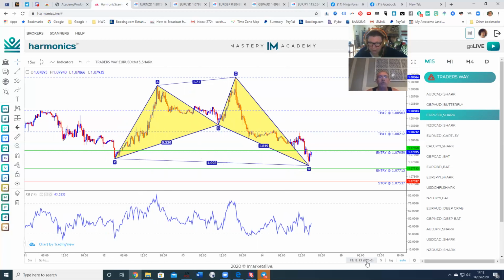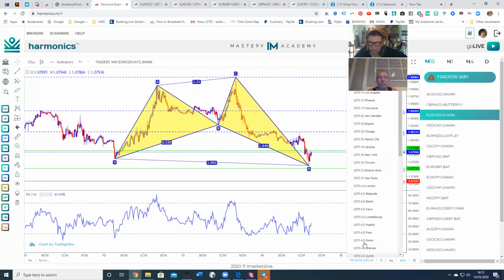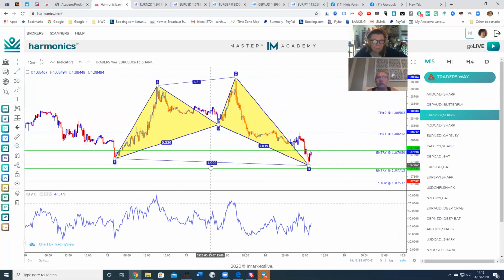And make sure down here, bottom right hand corner, that your time zone is correct for you. I'm in Paris, so that's UTC+2. You need to make sure it's synced with the same time zone that you've got showing on your TradingView, because you need to draw these on accurately because they're plotting the reversal points.